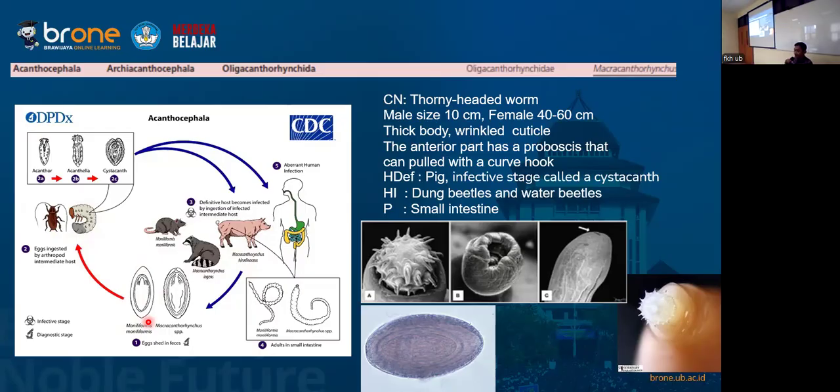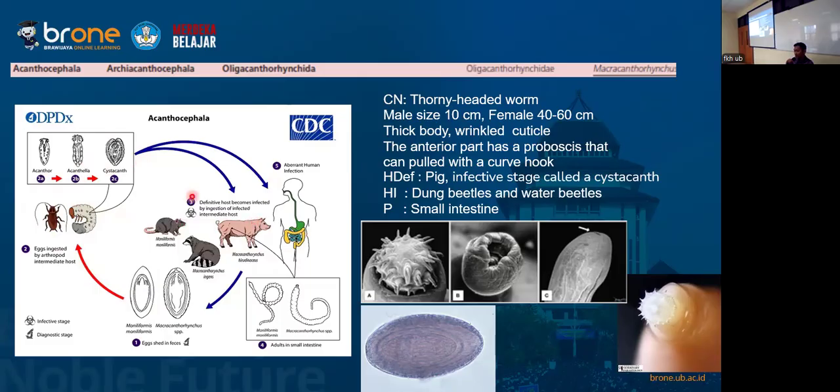The life cycle is indirect, so they need an intermediate host here. When this egg is ingested by the intermediate host, the egg will develop from acanthor to acanthella and finally become cystacanth. And after that, when the definitive host feeds on this intermediate host, it will be infected.